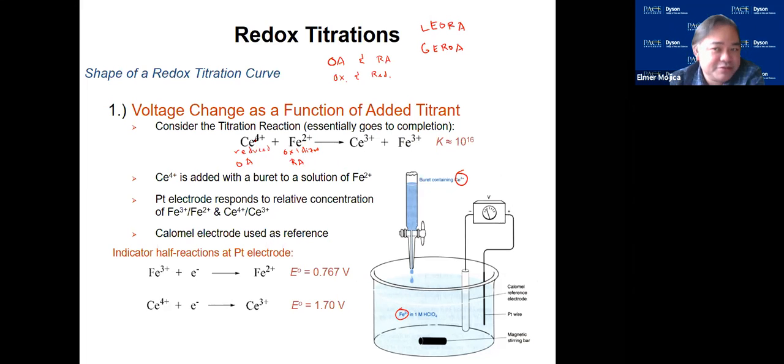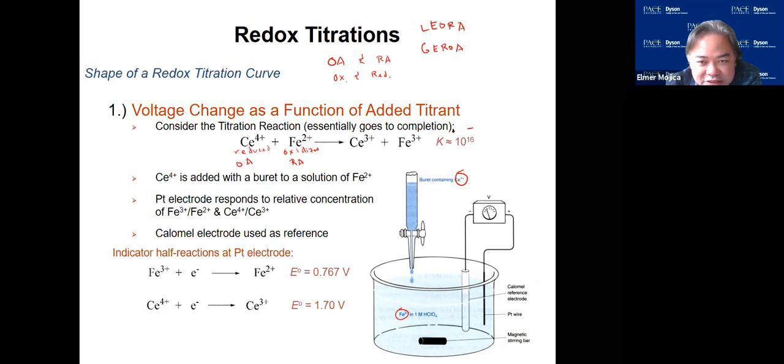This is reduced because it becomes more negative, because it accepts or gains electron. Okay? Stuff like that you should have learned in Gen Chem, but until this time, you're still confused. So I hope this at least cements this concept: when you lose electron, you undergo oxidation and you are the reducing agent. When you gain electron, you undergo reduction and you are the oxidizing agent.